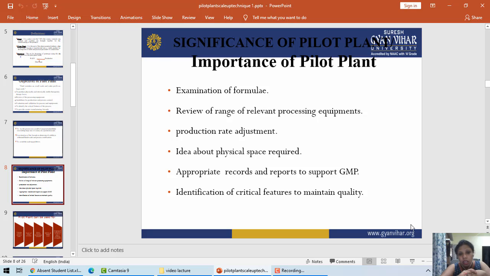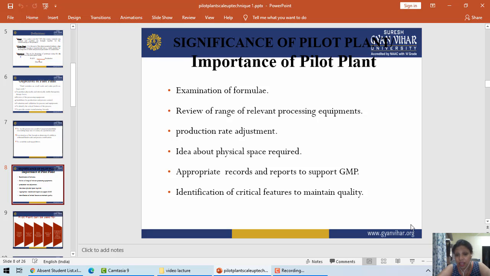Now, appropriate records and reports to support GMP. To fulfill the guidelines of good manufacturing practices, we can make records and report all the documentation during the pilot plant. Identification of critical features to maintain the quality. We have already discussed critical features.